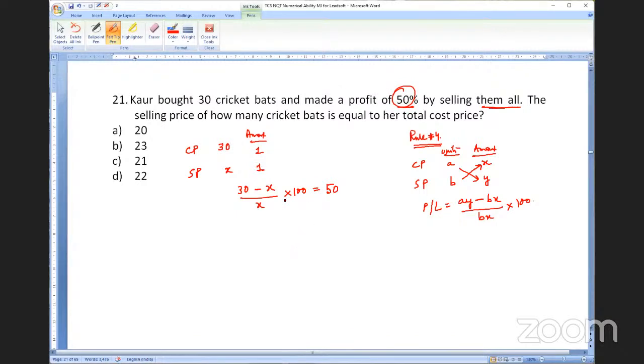Clear? So if we solve this, we'll get 60 minus 2x is equal to x, or 3x is equal to 60. That is, x is 20. So the selling price of 20 cricket bats is equal to her cost price if she is making 50% profit. Go through rule 4.